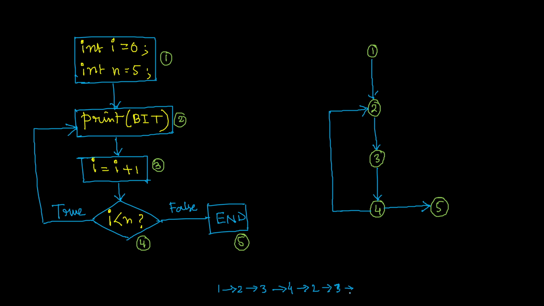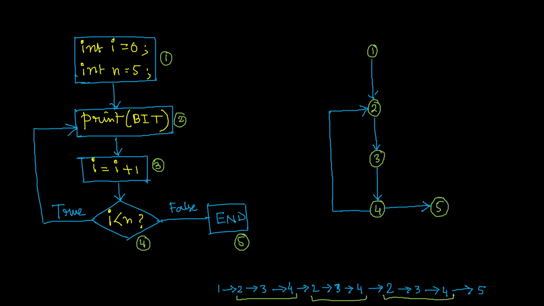If the 4 condition is true, then again you do 2, then 3, then again 4. And if I consider the condition is false, then I will go to 5. So here also you are getting the same pattern: 1, then 2, 3, 4, 2, 3, 4.